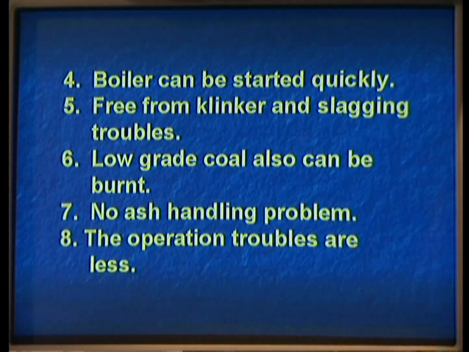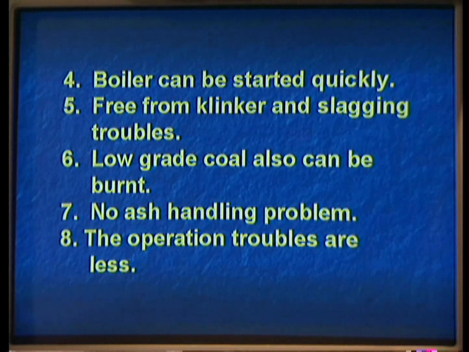Next, the sixth one, low grade coal can also be burnt. Generally, in thermal power stations we use semi-bituminous or bituminous coal. If we want, we can use peat and lignite coals also, but they have more moisture content and ash content.